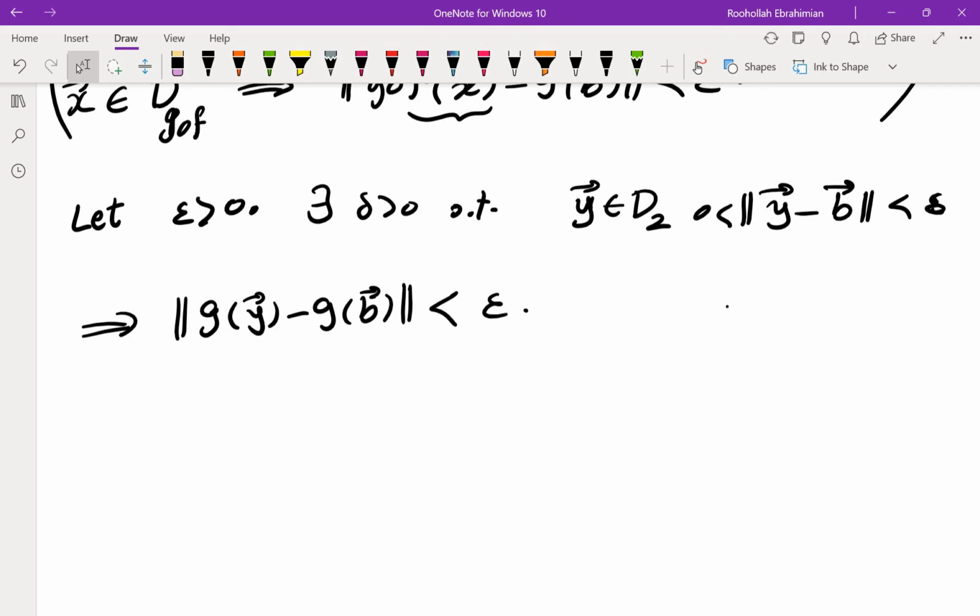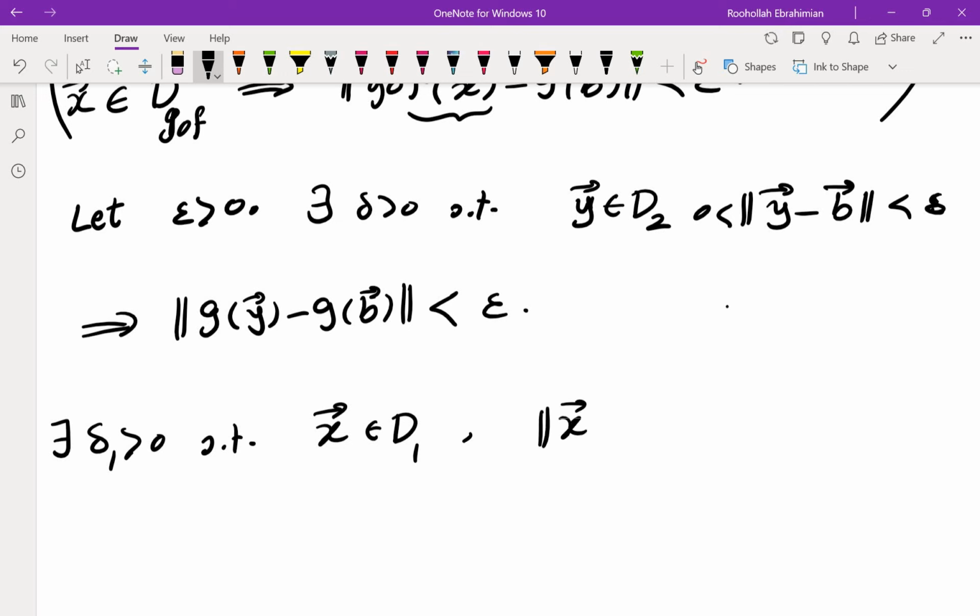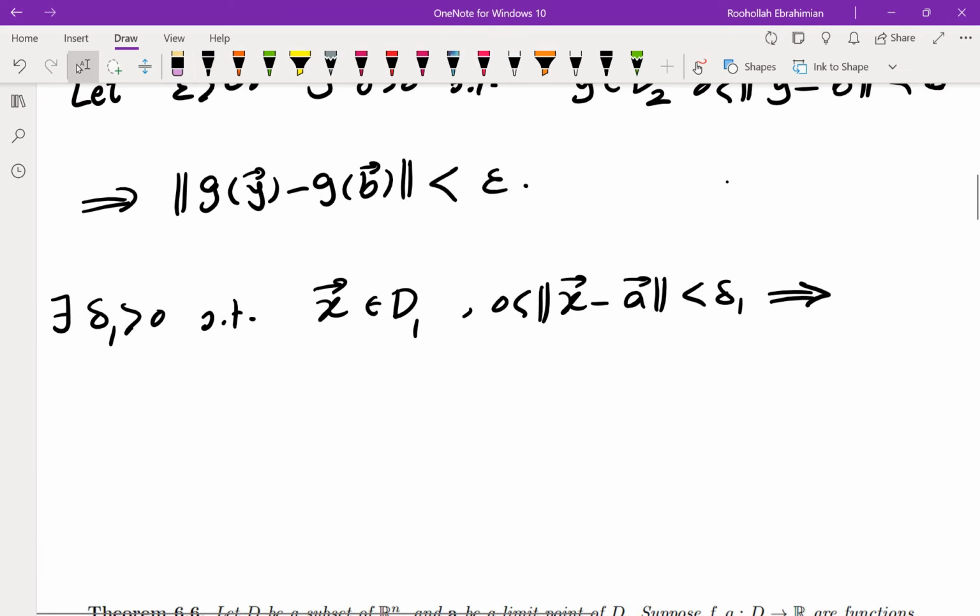Okay, so now I want to replace y with f of x. Now we'll take that delta. So by definition of limit again, there would be some delta 1 positive such that anytime x is in D1 and the distance between x and a is less than delta 1 and greater than 0, then we can get that the distance between f of x and the limit, which is b, is less than delta.